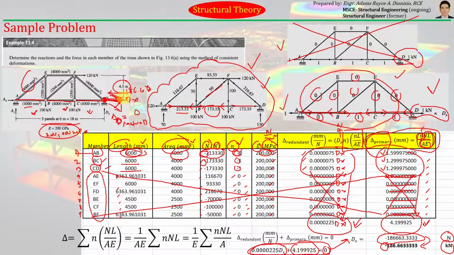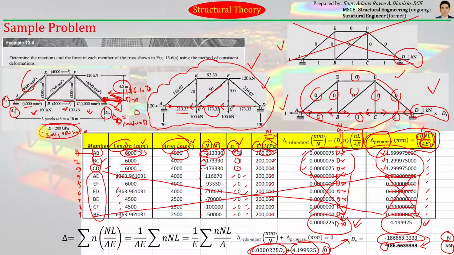After knowing the horizontal reaction at point D, we just have three unknowns remaining, AX, AY, and DY. Since they are just three unknowns only, you can easily compute for their corresponding values by using statics: summation of forces in X, Y, and moment must be equal to zero.